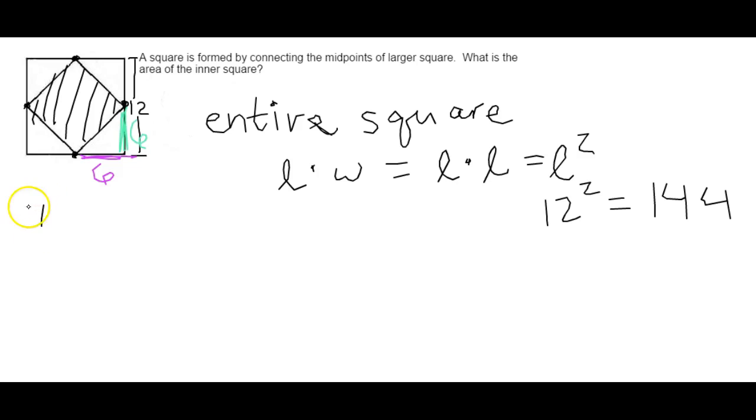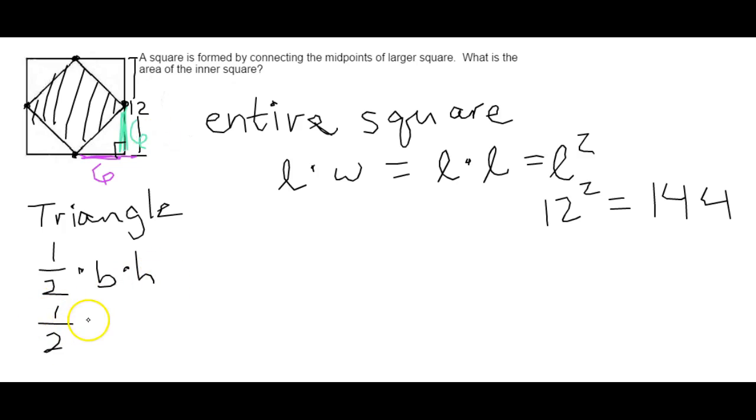Now we need the area of one triangle. The formula for a triangle is 1/2 times base times height. We do know on a square, each corner is a right angle, so this is a right triangle. So the sides are just the base and the height.